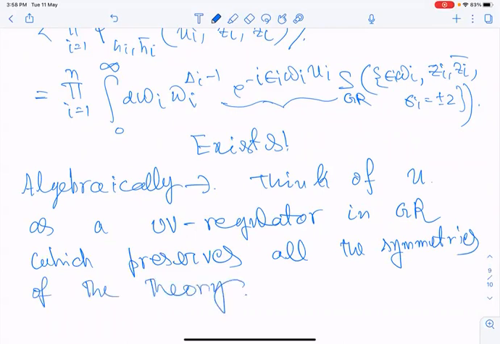So this is another point of view which you can take. You can just introduce the U if you are interested in doing all these things in GR.